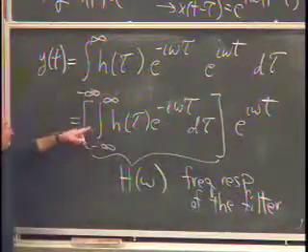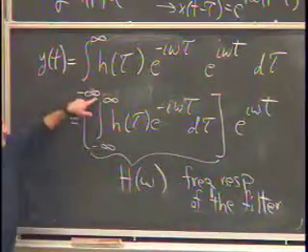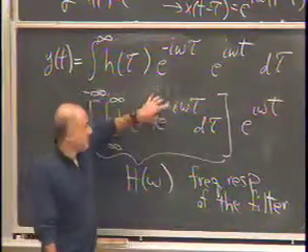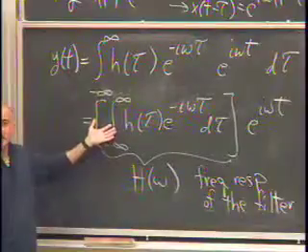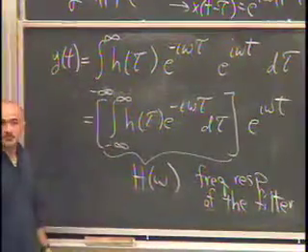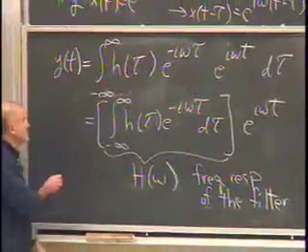So in discrete time, you had summation from minus infinity to infinity, h of m e to the minus I omega m. In continuous time, you have the same type of expression except with an integral. That's expected.